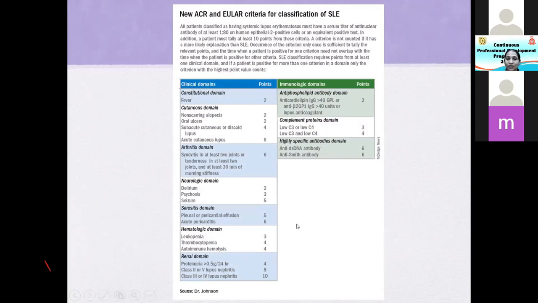Now, this is not very widely used yet, but a scoring system has been used where a total score of 10 would be considered as SLE. If, say, in any domain, the patient has more than one, the highest scoring domain will be the one that is considered.